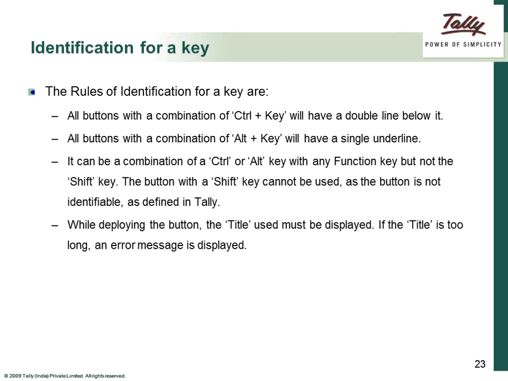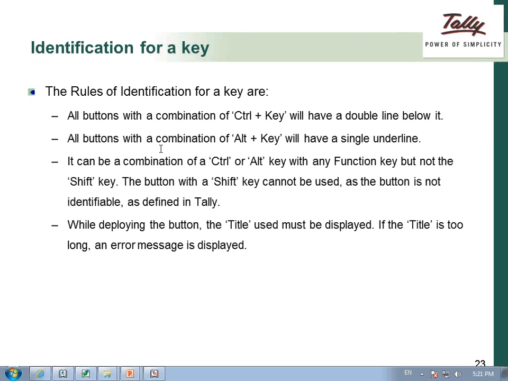Control is identified by double underscore, Alt is identified by single underscore, but there is nothing to identify Shift with. So a Shift with function key combination is not allowed. Also, while giving a title to your button, please ensure you give a very precise small title so that it fits there.